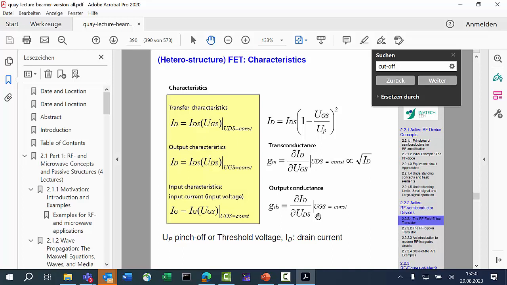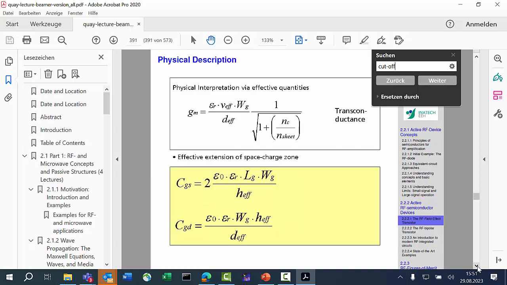So a few equations. The current in a FET is proportional to the square of the input voltage. In a bipolar, it's exponential, as we just saw. And there's one contradiction. You don't need to learn this formula, but there's one idea which you have to, that these equations are identical.